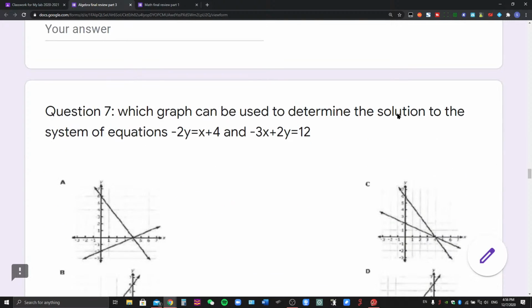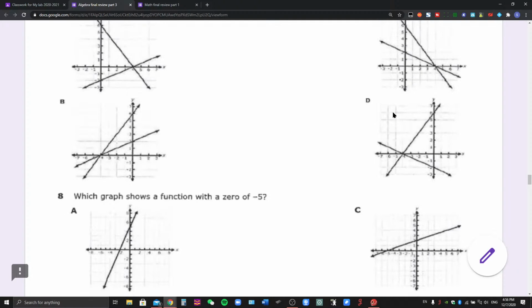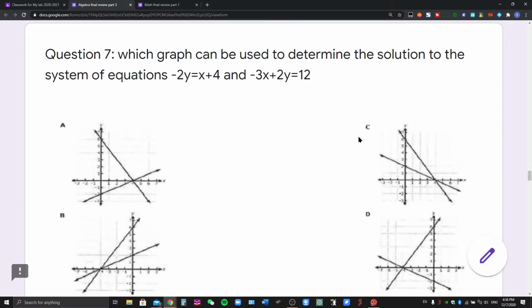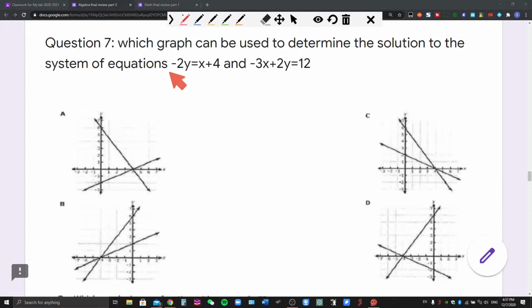Question 7. Which graph can be used to determine the solution to a system of equations, this and that? Okay, so a system of equations on the graph means we'll have two graphs.